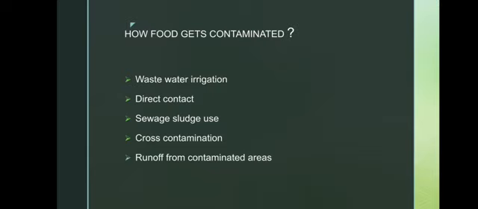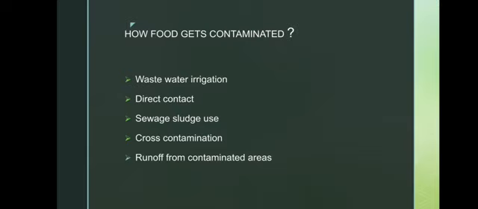Sewage sludge is another use of sludge for irrigation purposes. They use it as a manure, and if any pathogen is present in it, it directly contaminates the raw food materials.